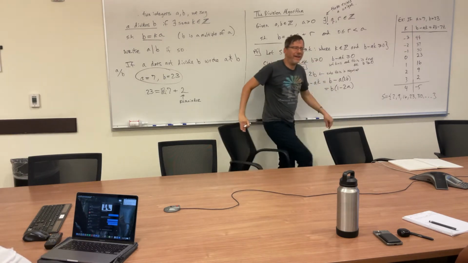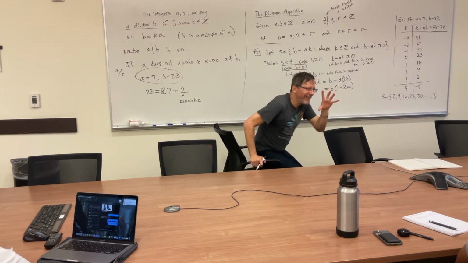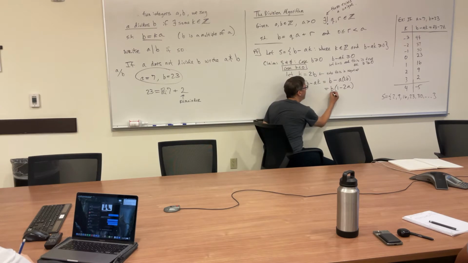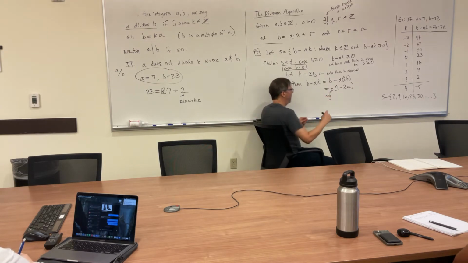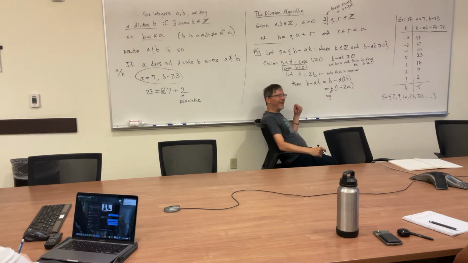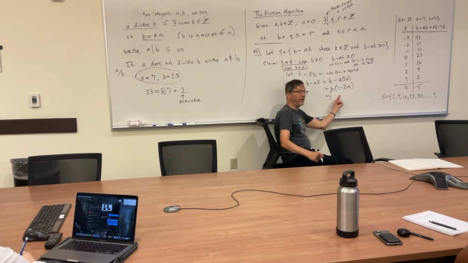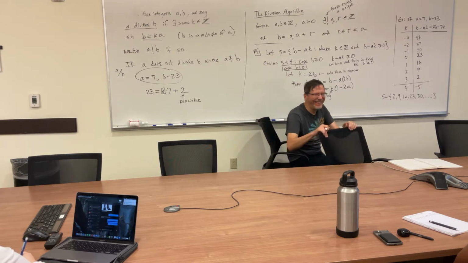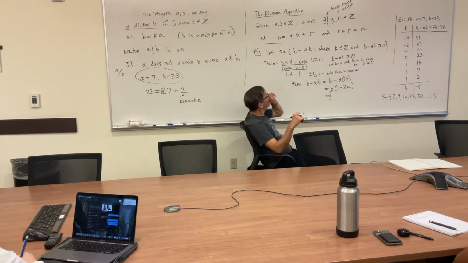Why is that non-negative? Sydney, I see your hand. Because b is negative, anytime you multiply a negative times. So why is this negative? What do we know about a?